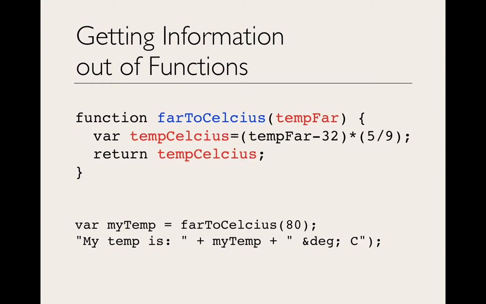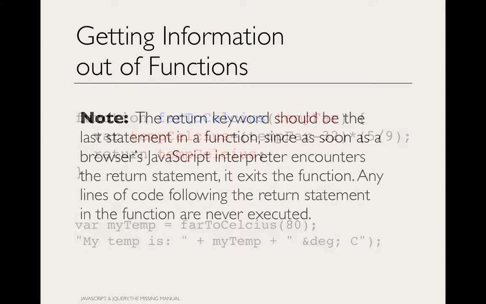So you can say myTemp is, plus sign is concatenate or mushed together, myTemp, which is the variable, and then you also add another string literal onto the end. Think about that. This is an example pretty straight out of our supplementary textbook.